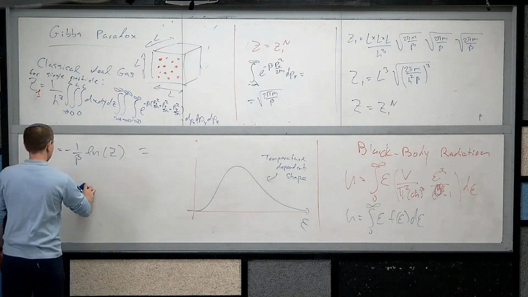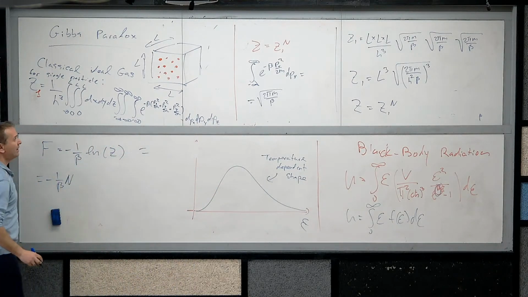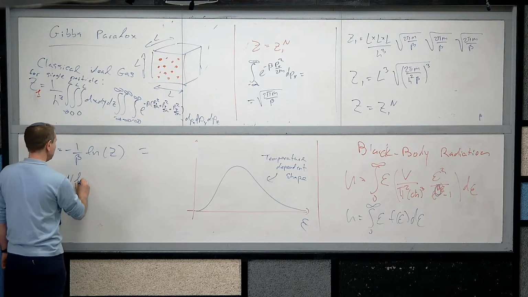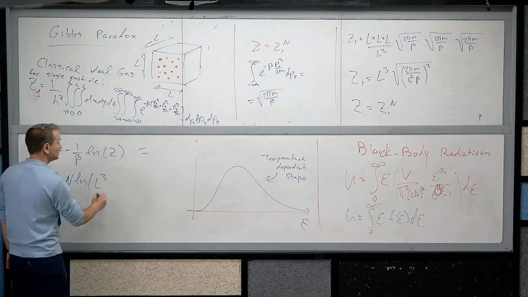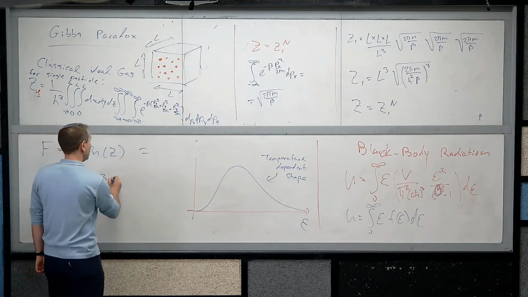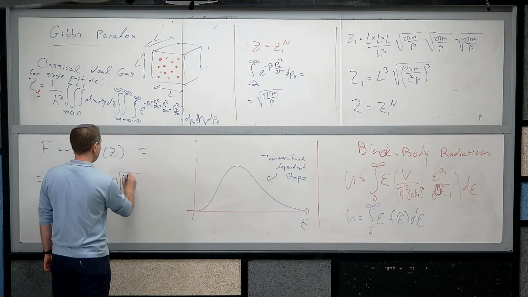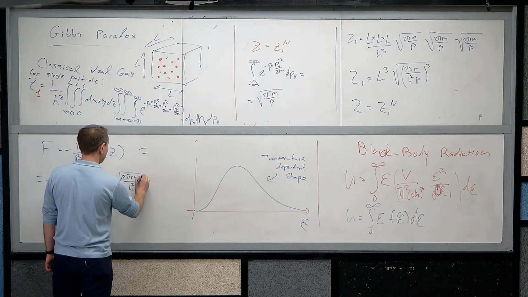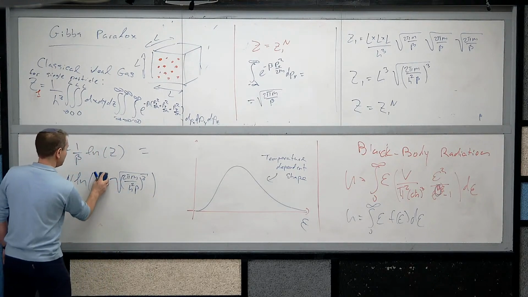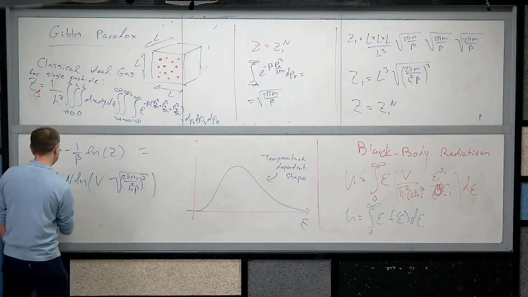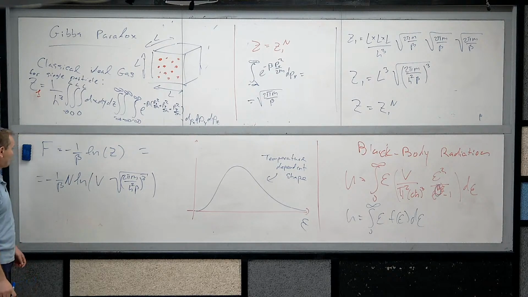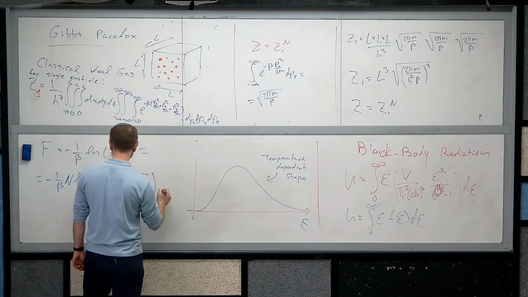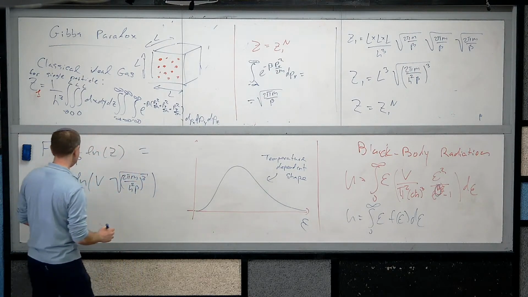So we can write here down n, and we have log of L to the third, 2 pi m divided by h to the second beta to the third. Okay. It's not L, let's call it B. Great, or maybe not.